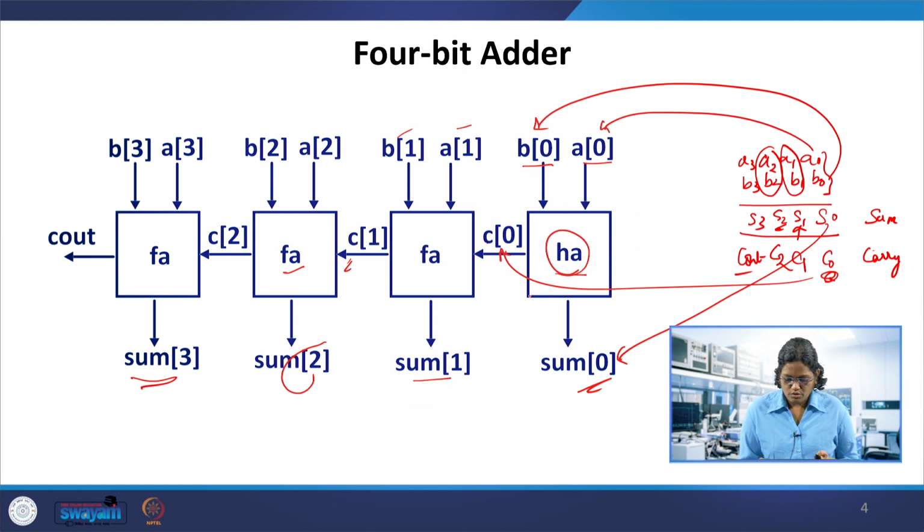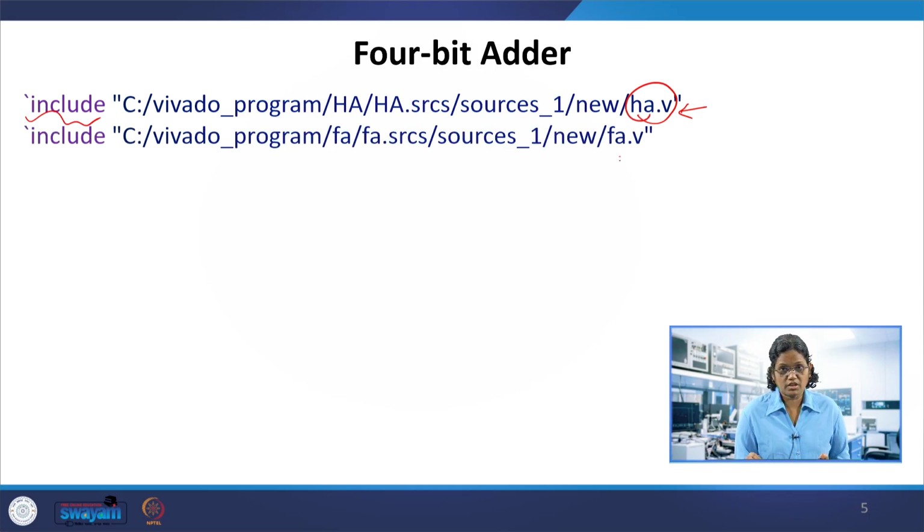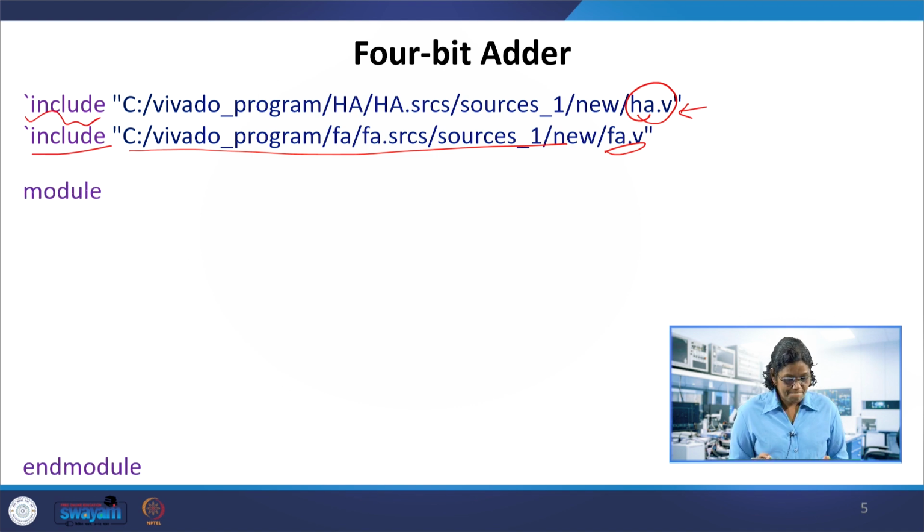So from this 4-bit adder, we are going to instantiate it using the previous adders. You can see the compiler directive `include, and within the quotes you give the path where the half adder module is kept. The second one is also instantiating the full adder module, for which you also give the complete path within the quotes with the `include compiler directive, and then module and endmodule.